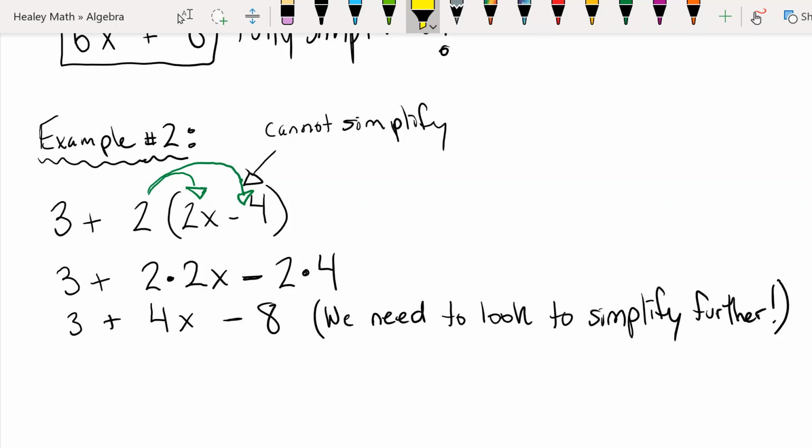And as I see, we have 3 and negative 8. When we combine like terms, we first rearrange them so they are beside each other. So this is the same expression. We look to simplify. 3 minus 8 becomes negative 5.